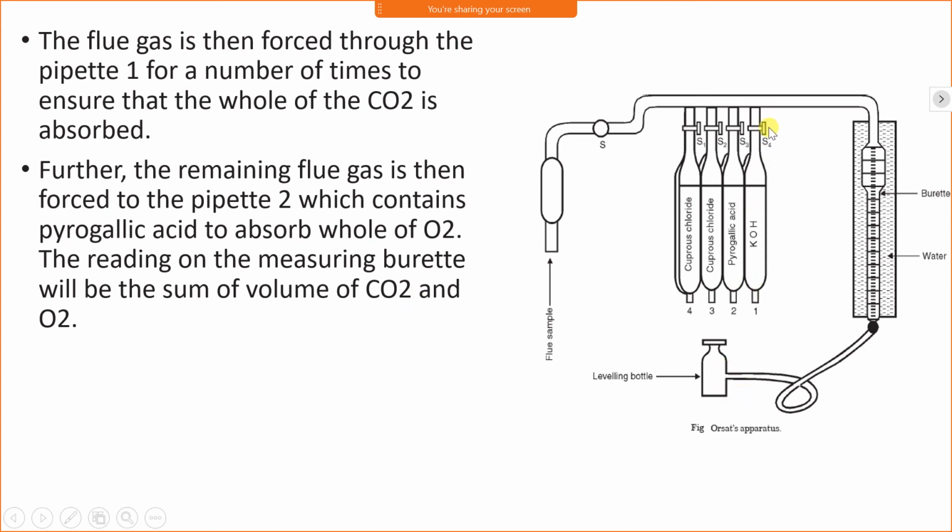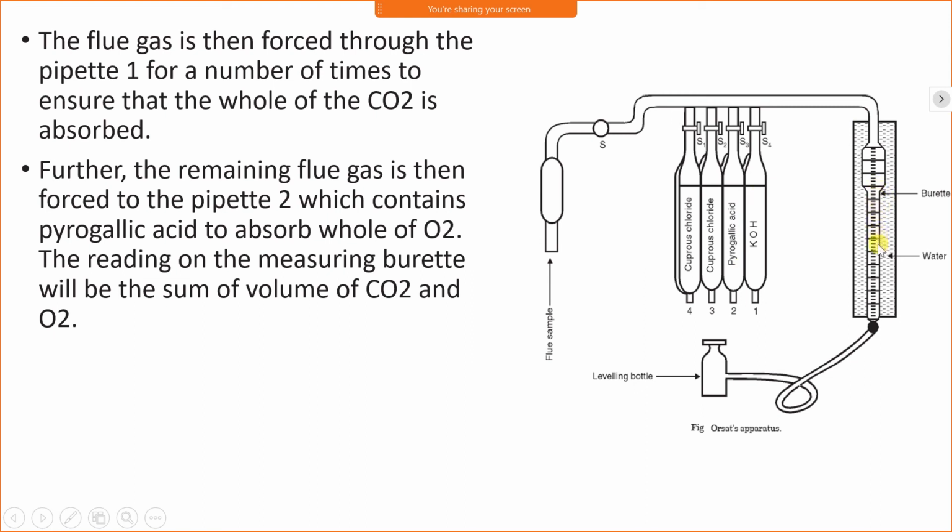We close cock S4 and open cock S3 to allow the gas to enter the pyrogallic acid. The pyrogallic acid will absorb the oxygen, and we keep the gas inside this pipette for some time so that it can absorb all the oxygen. Then again the leveling bottle is lowered and we measure the quantity of gas.